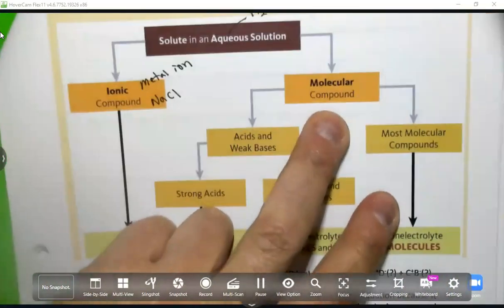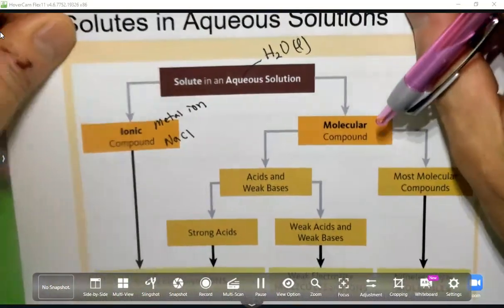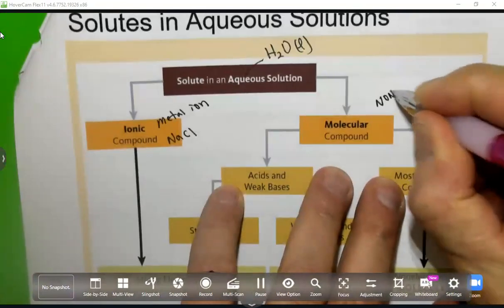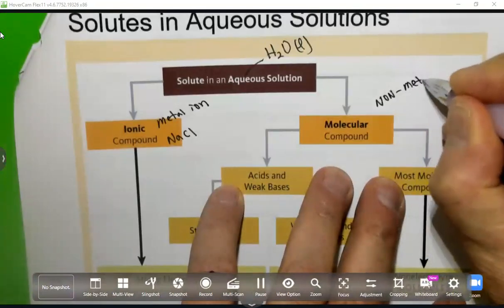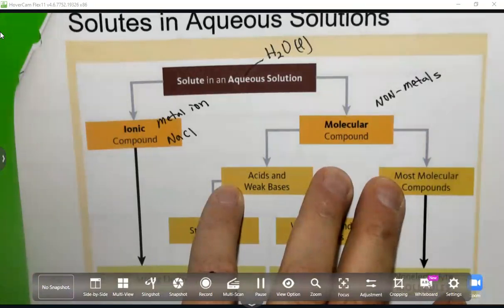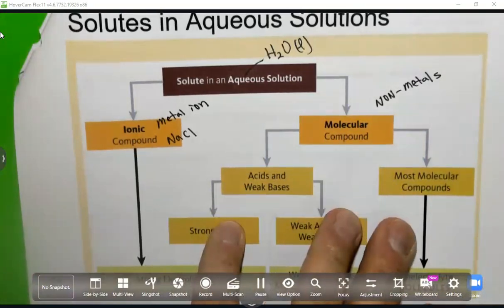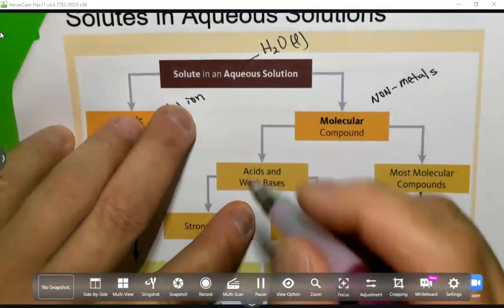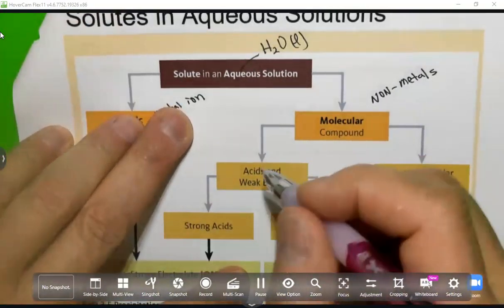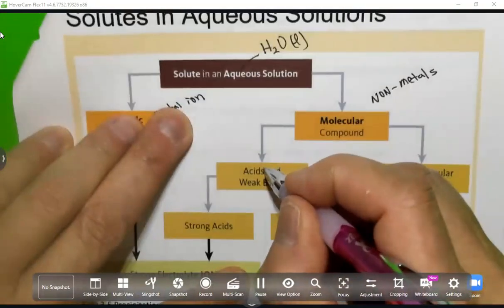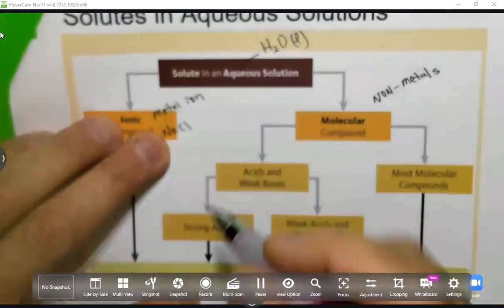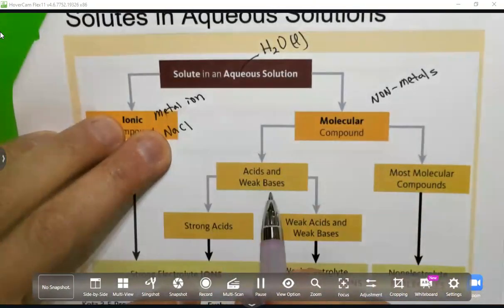Now, on this side, if you have molecular compounds, what do we say about molecular compounds? Non-metals. Does not start with a metal ion. These can be acids and weak bases.